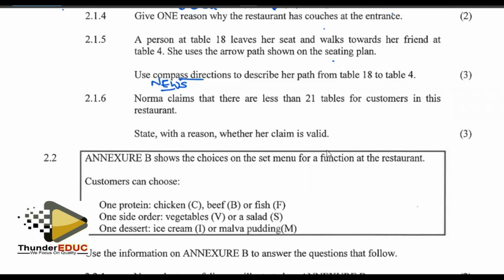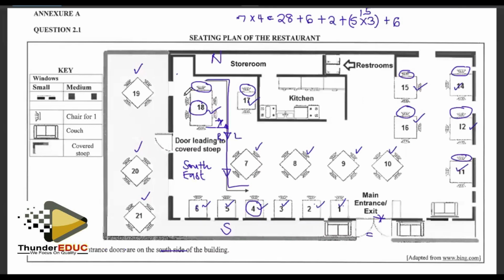Let's go to the annexure and see if they are less than 21. Indeed, they are less than.